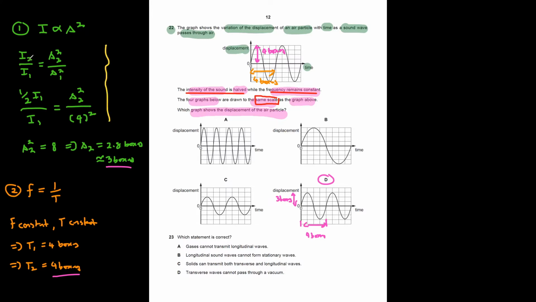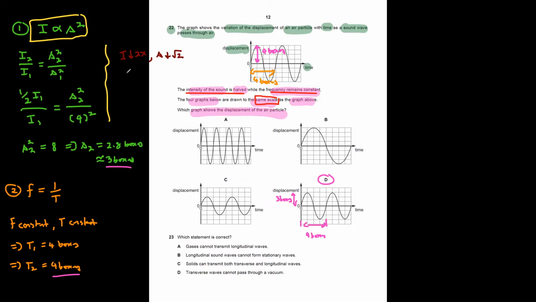Now, there's another method in which you can do this one also. This one is the so-called quick method. Now, in my case, if I know that my intensity is decreasing by half, my amplitude here is actually decreasing by square root 2.